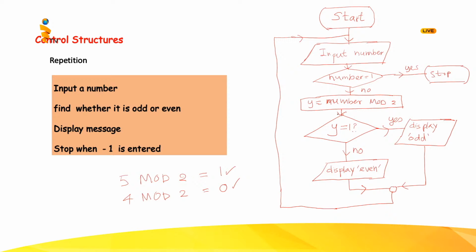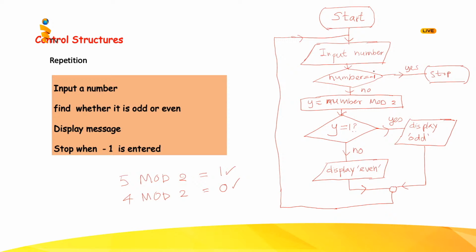Okay, now you see here, this is the way repetition works. If the number is equal to -1, with an equal sign and -1 here, the program won't go on, it will be stopped.